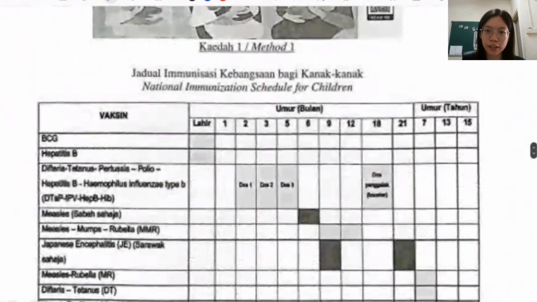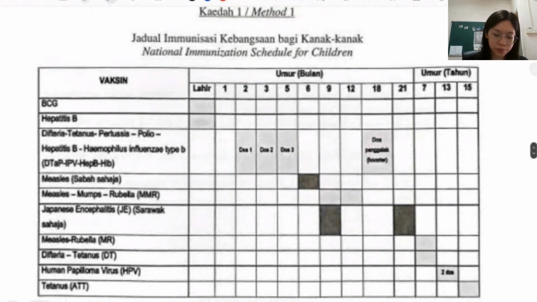So how do you actually see that? This is actually the vaccine. The vaccine is the one containing dead or weakened pathogen. So when you inject this vaccine, the dead or weakened pathogen has the antigen on its surface. So it will stimulate the immune system to produce antibodies to fight it.